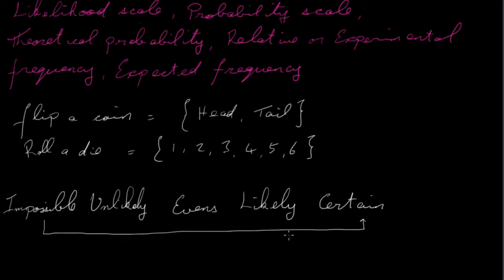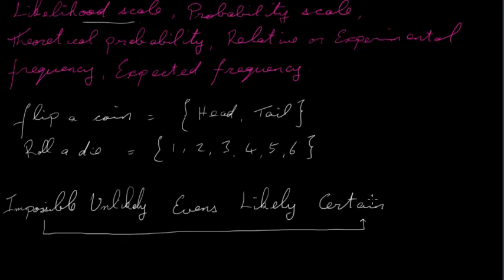Now they're fairly general terms and they're open to interpretation really, but you can use any of these words when talking about probability if you're asked to give your answer in terms of the likelihood scale. So for example, if we flip a coin, the probability of getting a tail would be evens on the likelihood scale. The probability that the sun will rise tomorrow, I would say certain.